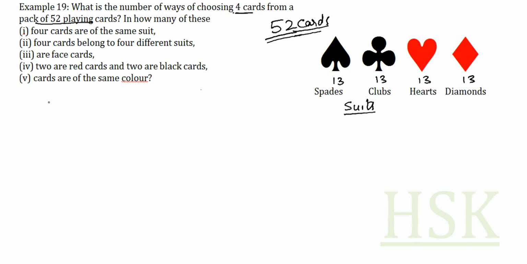So this will be equal to 52C4 straight away, because we have to just make a selection of 4 cards from a pack of 52 playing cards.